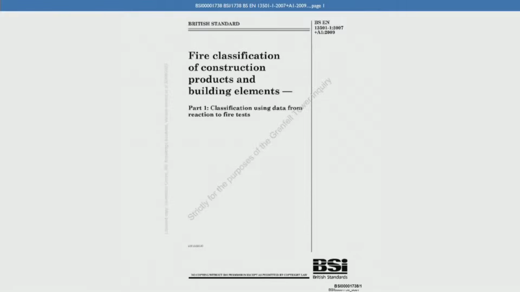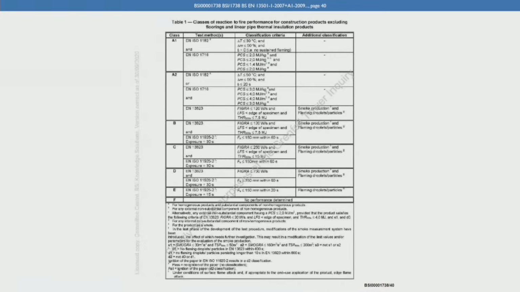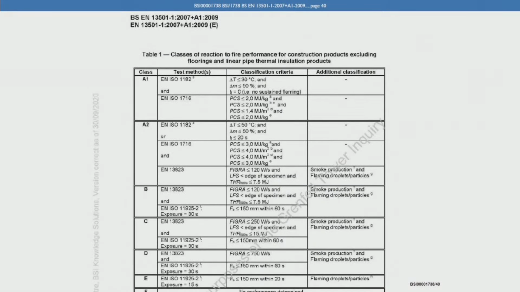Page 40, please. Well, perhaps I can take this more shortly if there's a problem with the document. You've got it now. Table 1. Classes of reaction to fire performance for construction products, excluding floorings and linear pipe thermal insulation products.